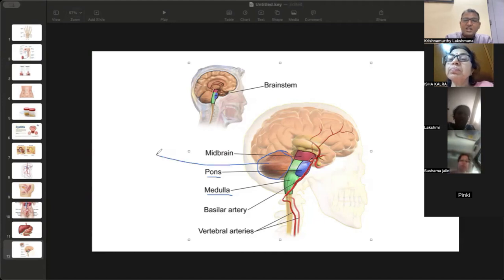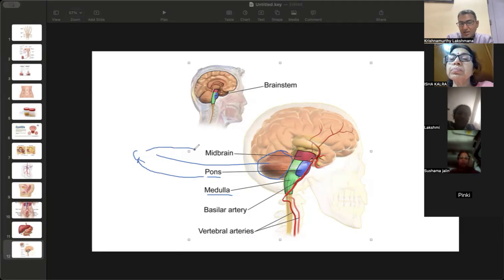So this is called cerebellum. Bell. It is like a bell. No, it is a small brain. So after pons, we get cerebellum. And after cerebellum, we get midbrain. Okay. Any confusion? No? Clear.